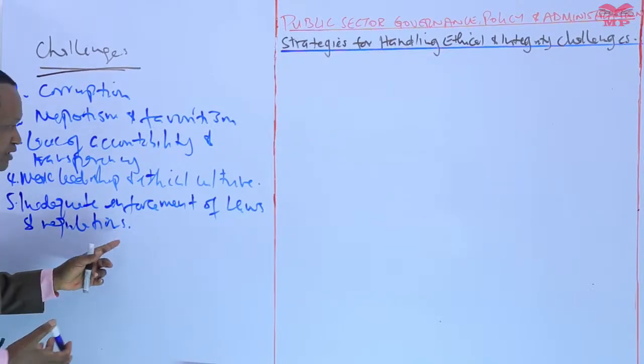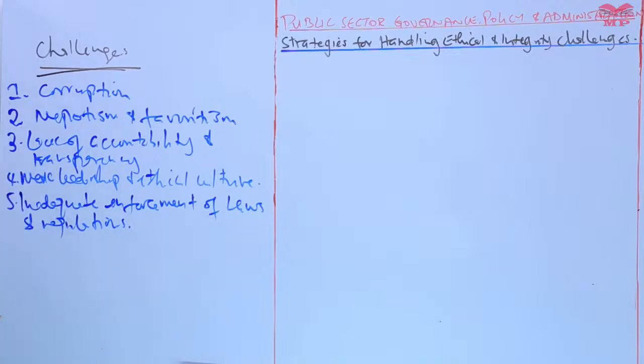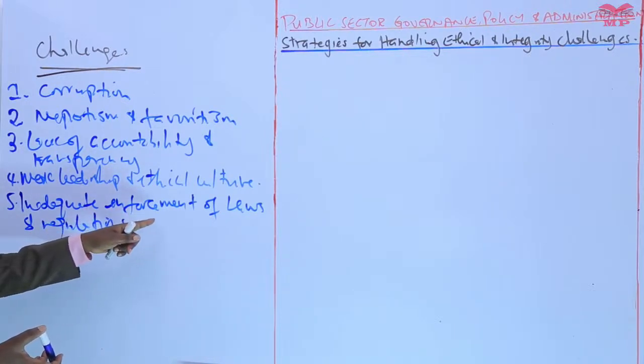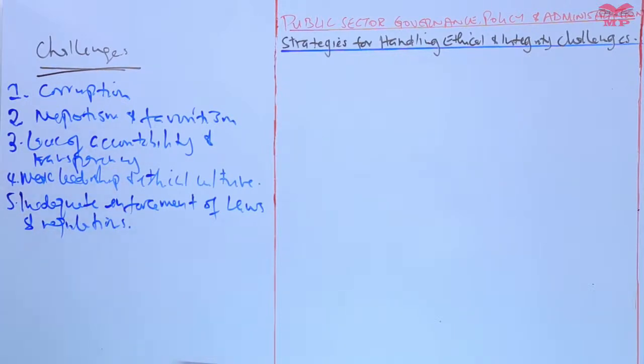But their enforcement remains weak, and that's why we have corruption being rampant in the public sector. And that is due to various factors, including inadequate resources. We have also political interference with the enforcement. There is also lack of political will to fight off these malpractices. So there is inadequate enforcement of laws and regulations, which is a challenge.